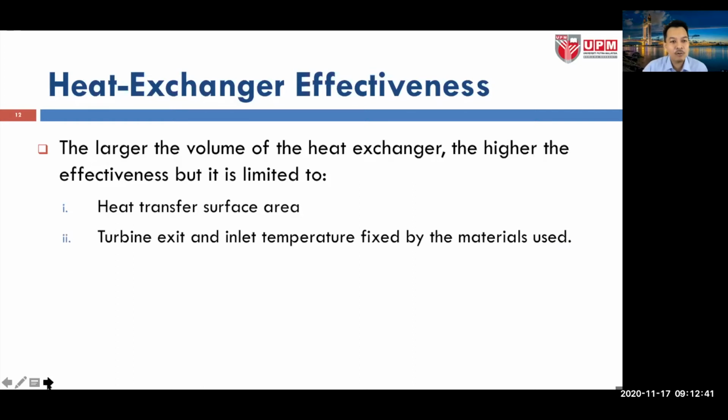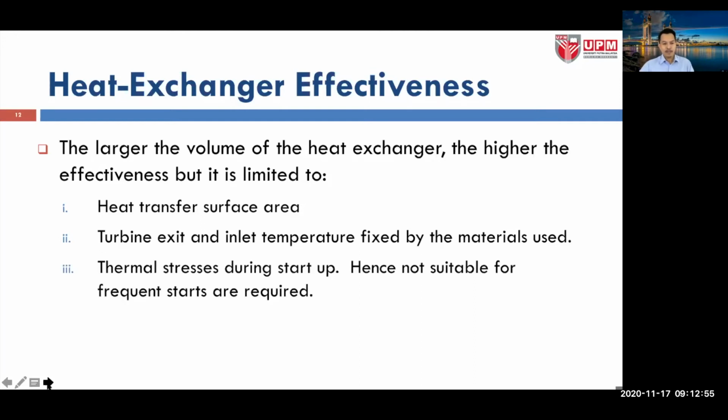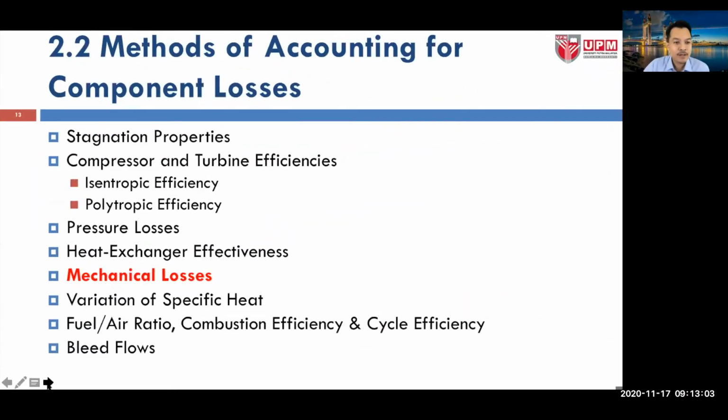It is also limited by the turbine exit and inlet temperatures fixed by the materials used, so it depends on the TIT, turbine inlet temperature, and TET, turbine exit temperature. And there are the thermal stresses during startup, hence it is not suitable where frequent starts are required. That's what we can say on the heat exchanger effectiveness.